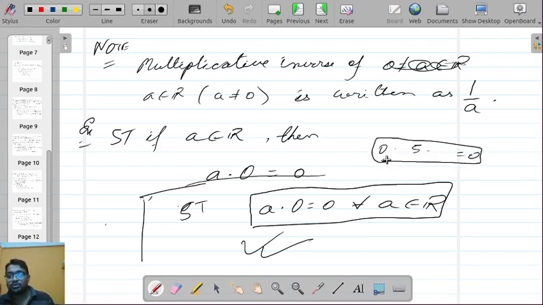We have just assumed one single property of 0, that 0 added with any other element gives the element itself, and with that property we are deriving all the properties of 0. That is why axioms are necessary. We have not listed this property separately because it's not necessary; we can derive it from the others.